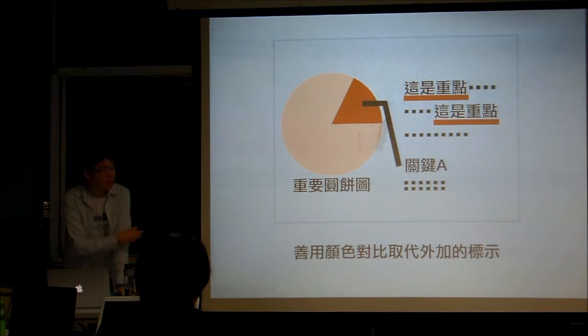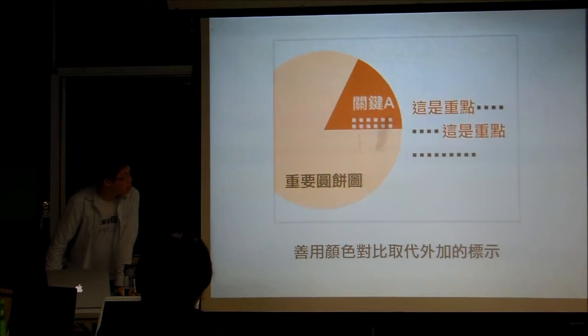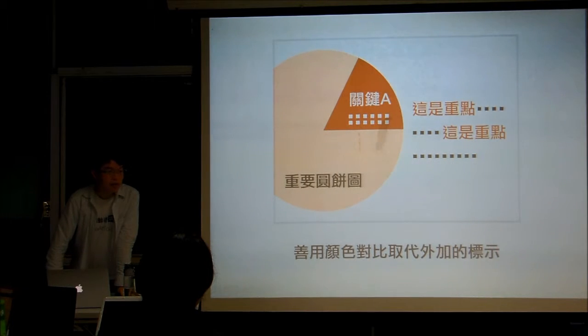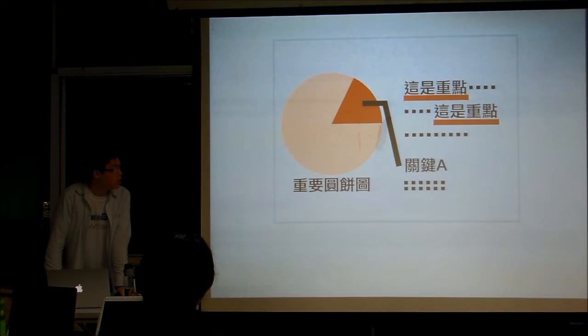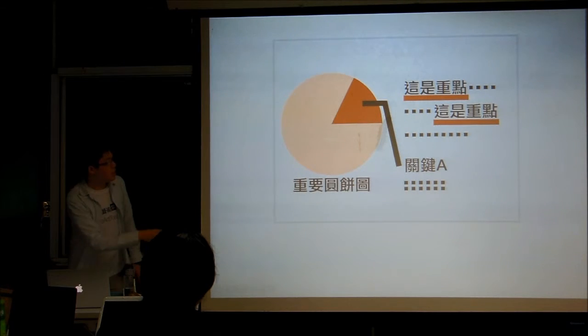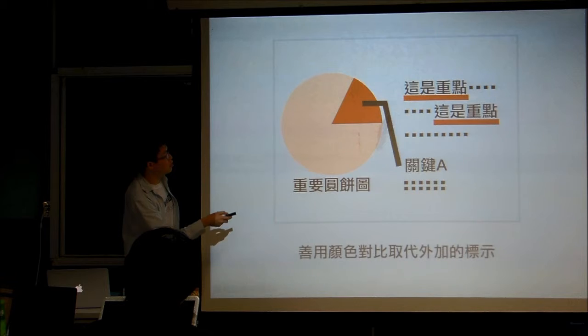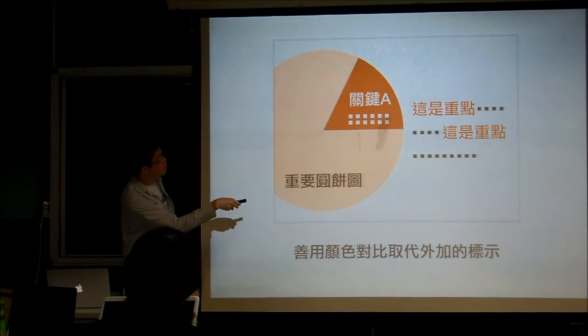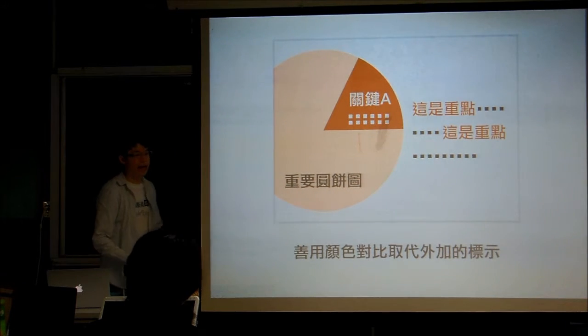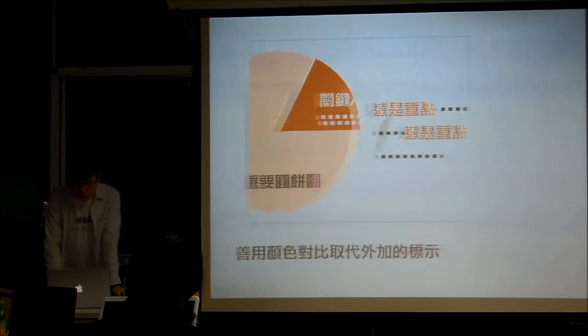Just like this, for example, the original one is this, and you can change it to this. The difference between these two is that we eliminate these unnecessary lines, and also use the color itself to highlight the most important part.